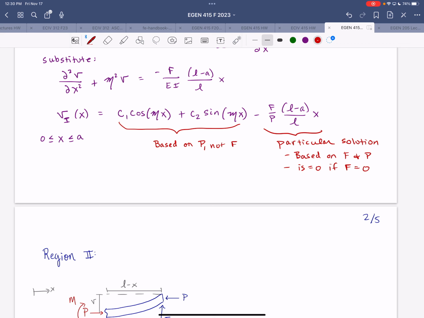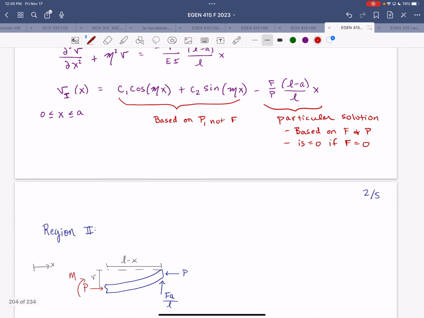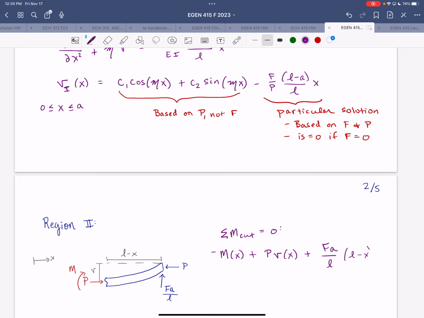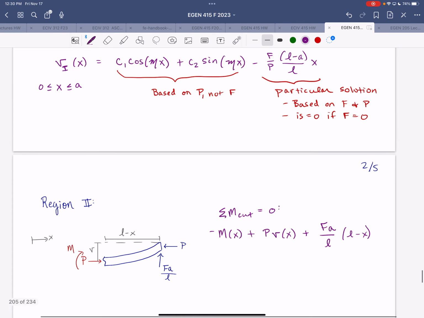Now we'll apply the same approach to region 2 to obtain an equation for deflection there. In region 2, we're cutting between the applied load and the right end. Summing moments about the cut, we have negative M of x plus P times v of x, plus Fa over L times the moment arm of (L minus x), equal to 0.